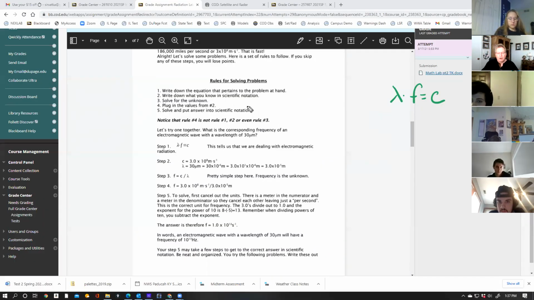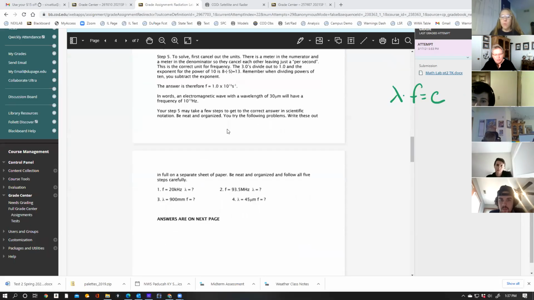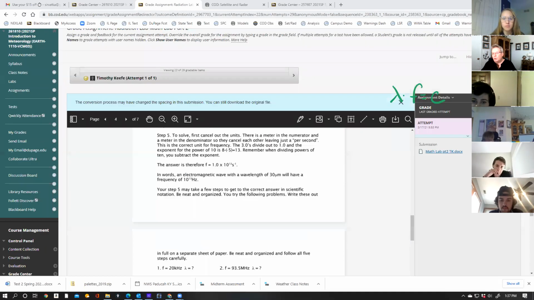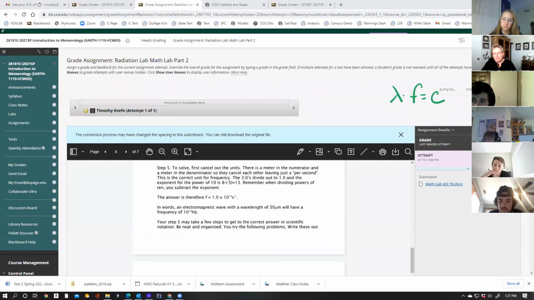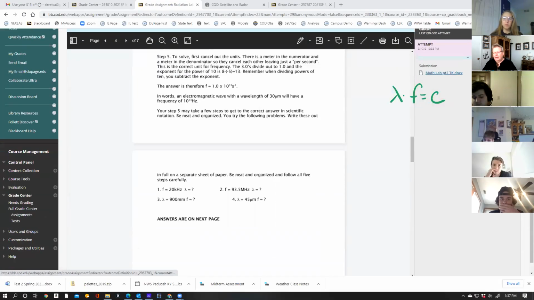Write down what you know in scientific notation. So I've given you one here. I'm going to go ahead and look at the next one, which is frequency is 20 kilohertz. So over here, frequency equals 20 kilohertz.